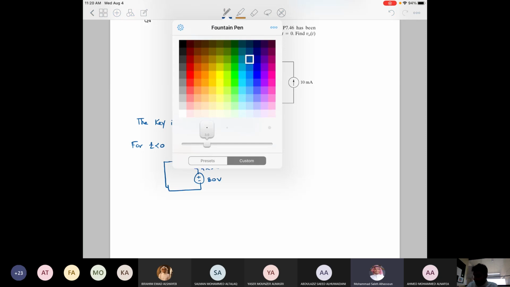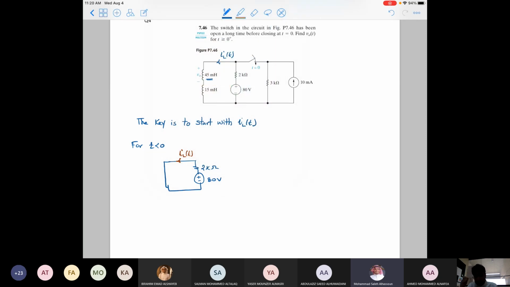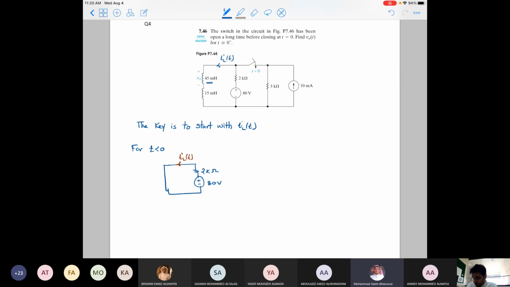So what is the current passing through the inductor? It is simply found by Ohm's law. Okay, this is for t less than 0.